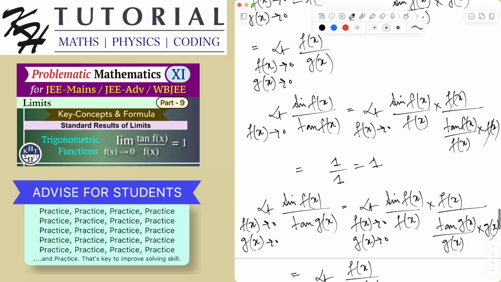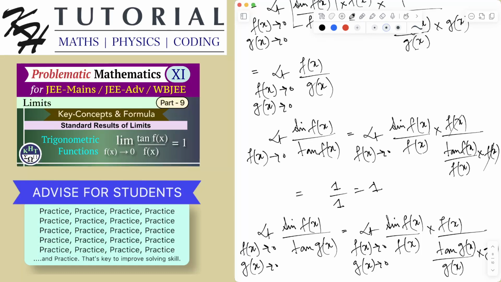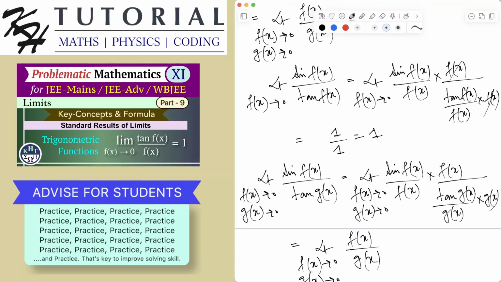Now remember, in this problem sin f(x) by tan f(x), with f(x) tending to 0, it could also be sin inverse f(x) divided by tan inverse f(x). The basic strategy is the same. I will create f(x) and I will adjust f(x). Similarly, it could be sin inverse f(x) by tan inverse g(x) when both f(x) and g(x) tend to 0.